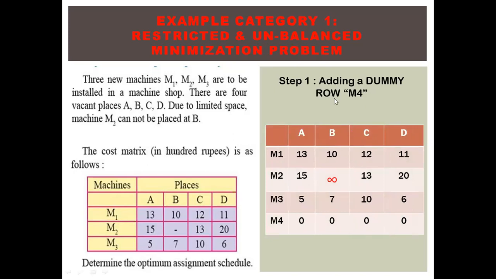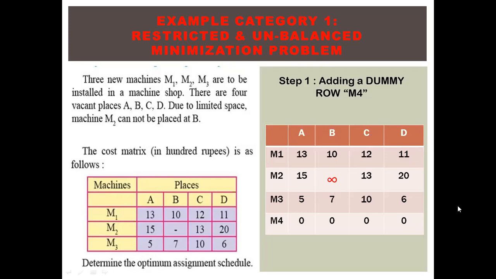You have to add a dummy row M4 in order to make it a balanced problem. Also, as you all can see, I have filled the blank space with the symbol infinity. So if you keep the blank space as blank, you won't get any marks. You have to either replace it by capital letter M or with an infinity sign as shown here.